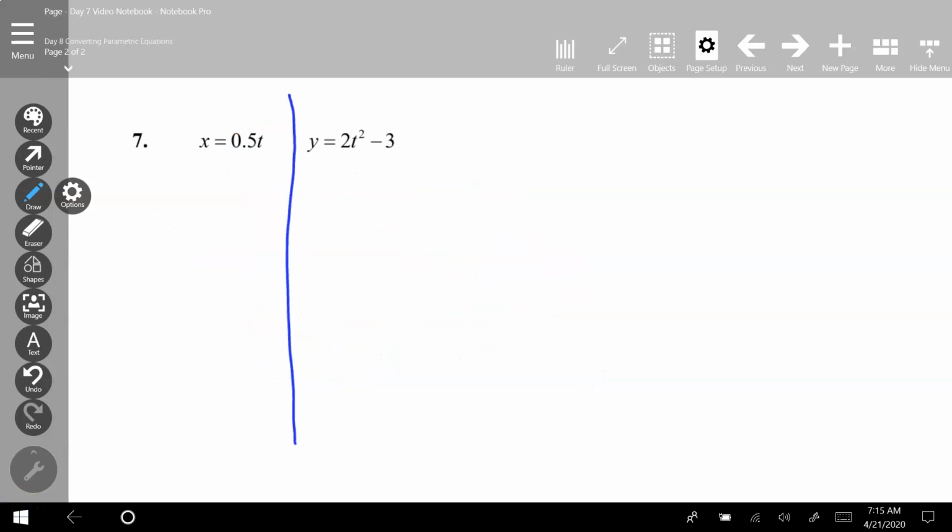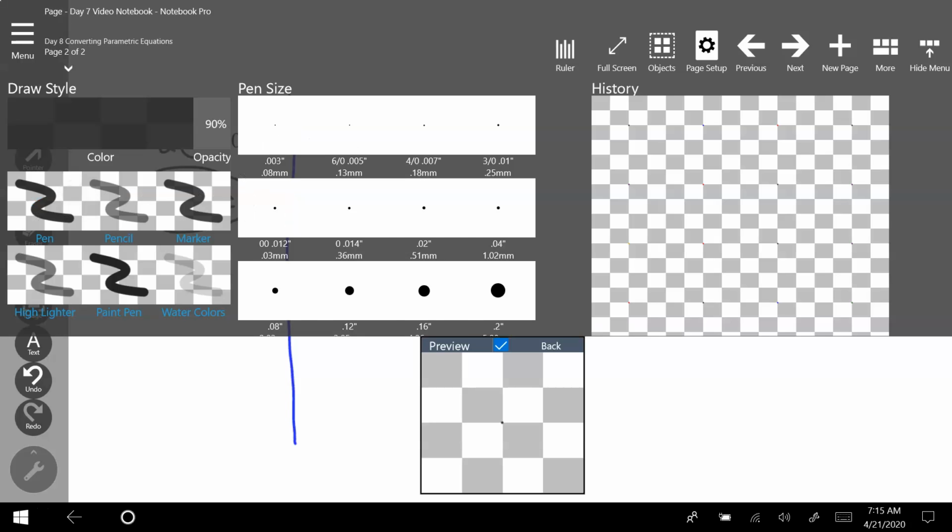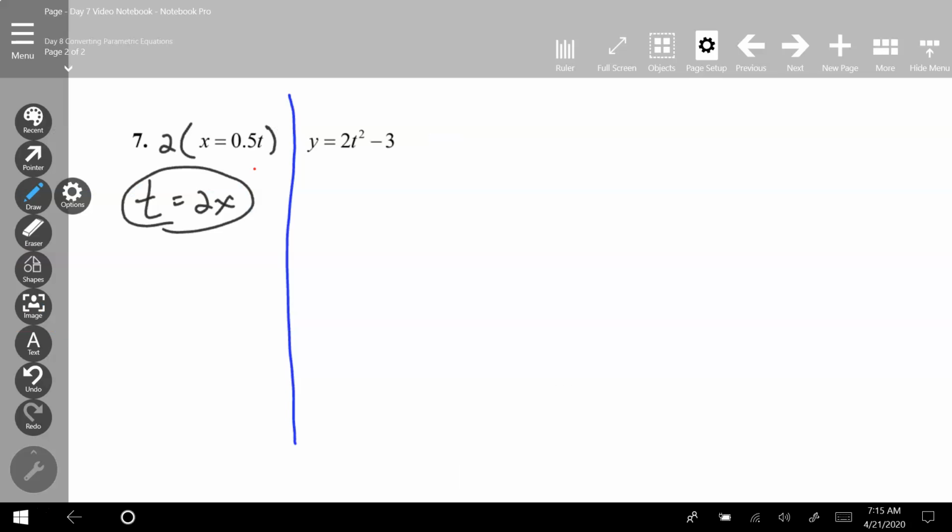And finally, my last example, x equals 0.5 times t. Well, I don't divide by 0.5. I'm going to multiply both sides by 2. I get t equals 2x. This is a really simple substitution. I put this in here, and I get y equals 2 parentheses 2x squared minus 3.